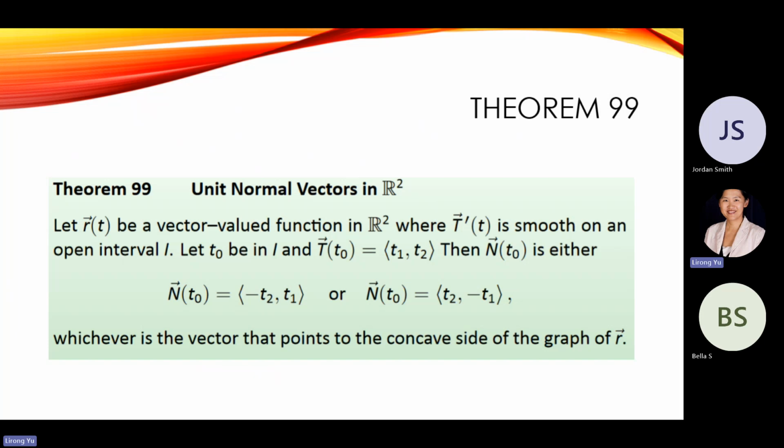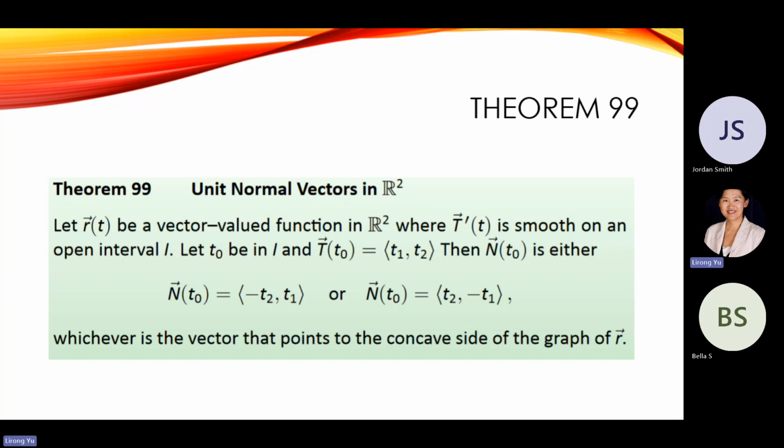All right, then the normal vector n is either negative T2, T1, or T2, negative T1. Now it's assuming that the T vector is T1, T2. So between the T vector and the N vector, we have that switch relation. You can switch the x and y. T1, T2 is the x and y for the tangent vector. Then the normal vector equals switch T1, T2 and make one negative.